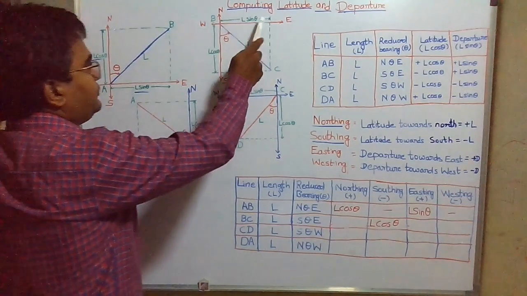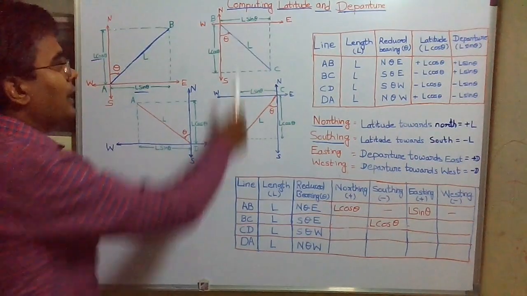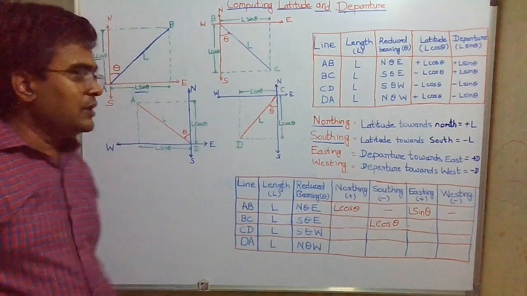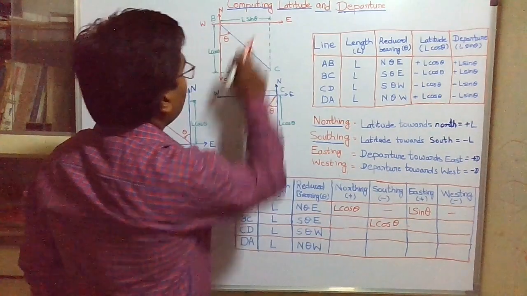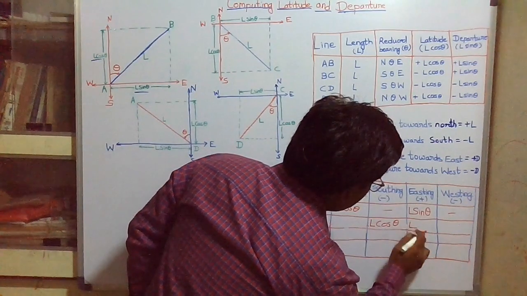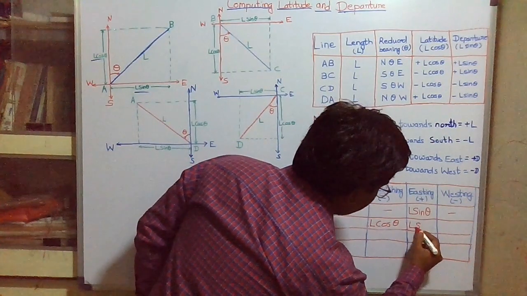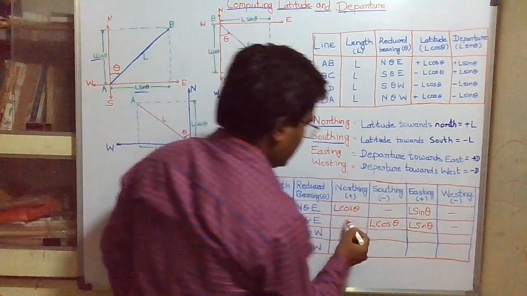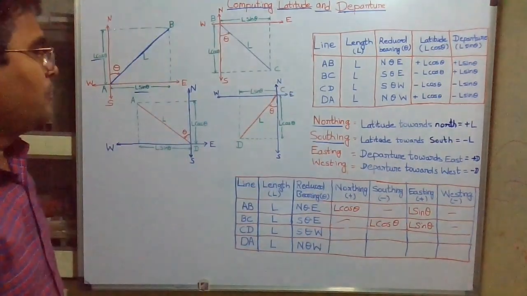The departure of this line, L sin theta, is towards east, and departure towards east is easting. So we write it in the easting column as L sin theta, and there will be nothing in the northing and westing columns.